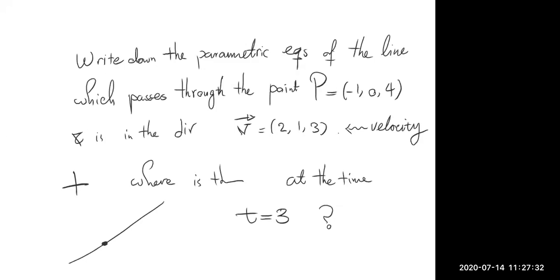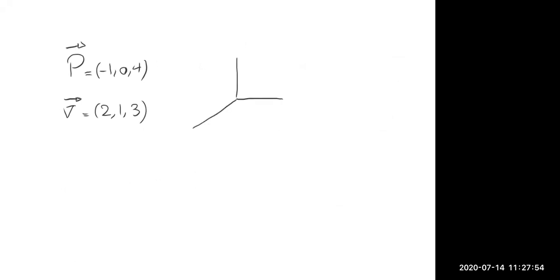Let's do it. So the point P is (-1, 0, 4), and the vector V is (2, 1, 3). Again, let me draw the graph to see which line we are thinking about.